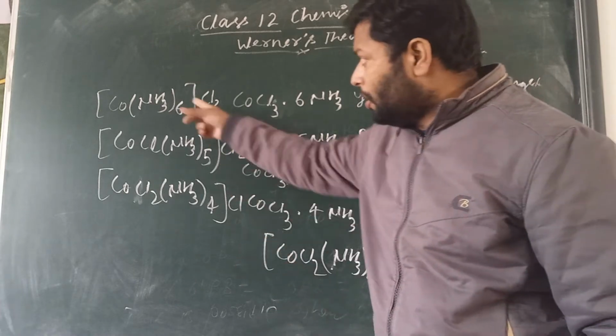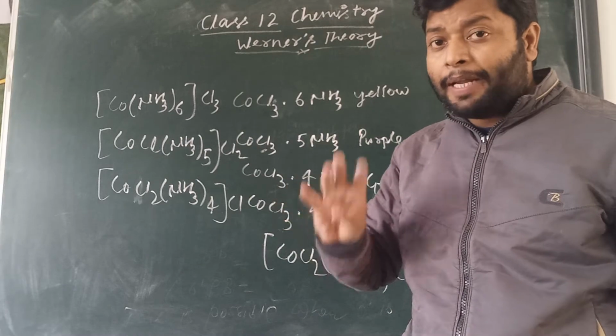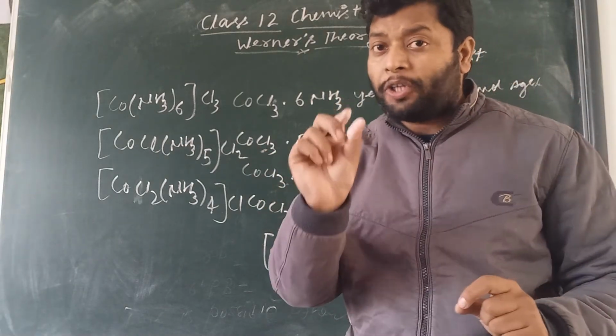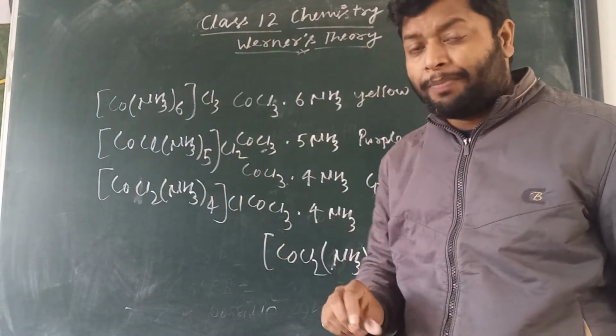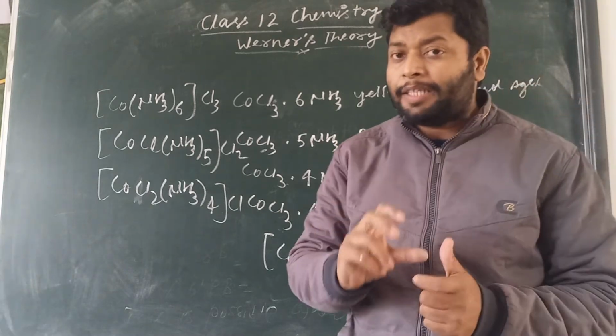It means in all these 4 possibilities, the number of ligands remains 6 and the structure will always be octahedral, but all 4 complexes have a different nature because the ionizability of the ions is different.